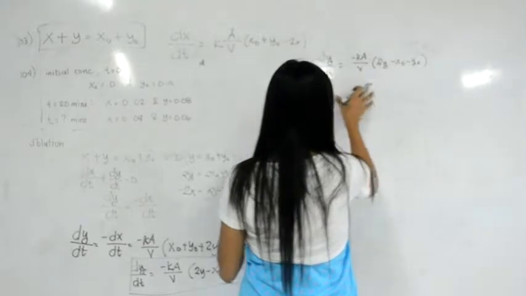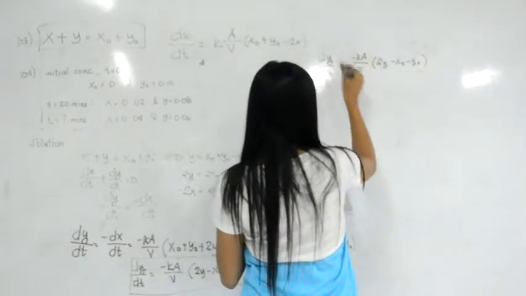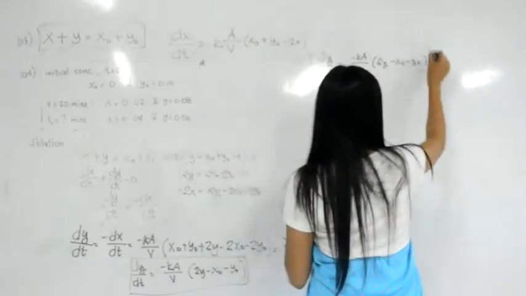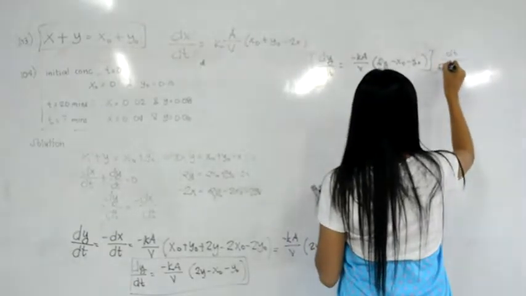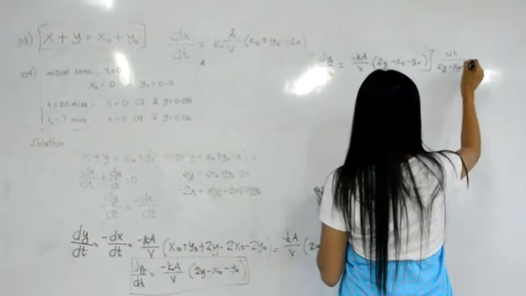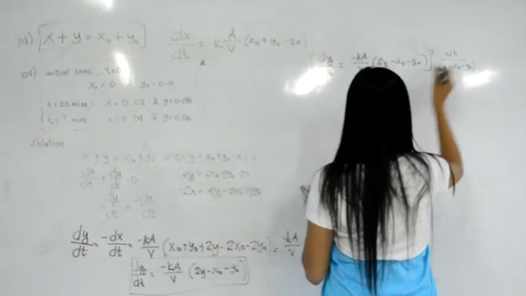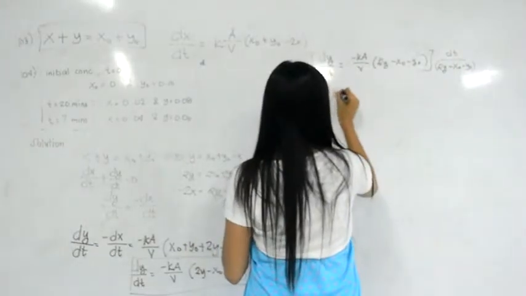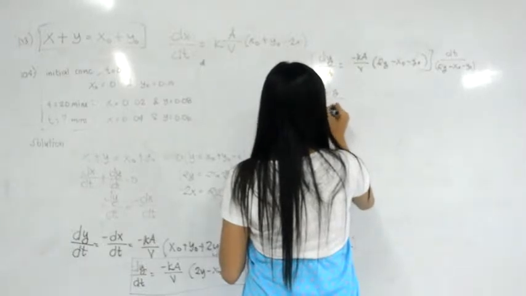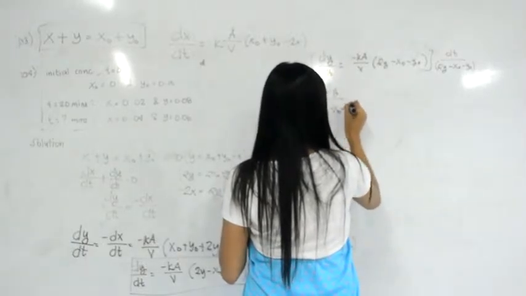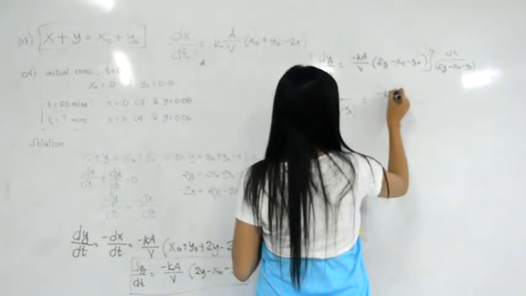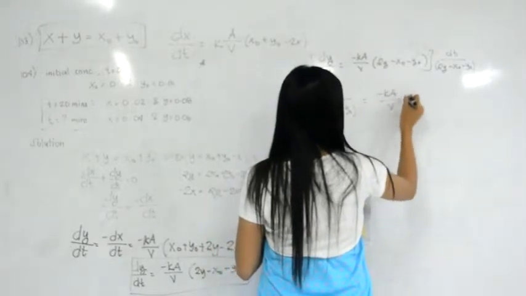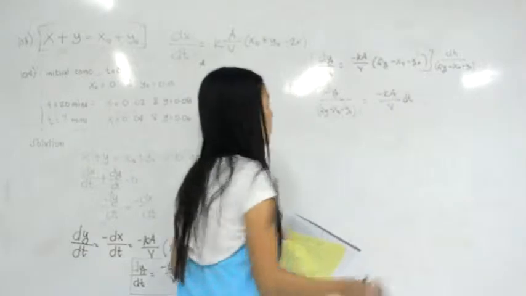Multiplying both sides by dt and dividing by 2y minus x0 minus y0, this becomes dy over 2y minus x0 minus y0 equivalent to negative KA over V dt.